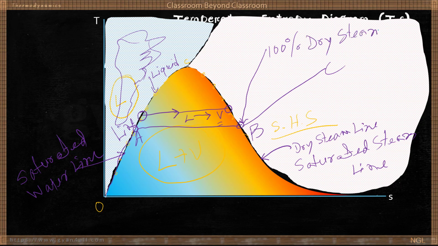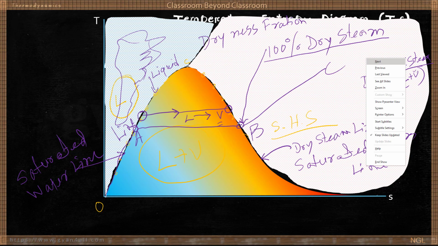In the last class we also discussed dryness fraction. Dryness fraction is the ratio of dry steam divided by liquid plus vapor, total. So we consider 1 kg of steam, in which there will be some liquid and some vapor, and this vapor means the dry steam part.